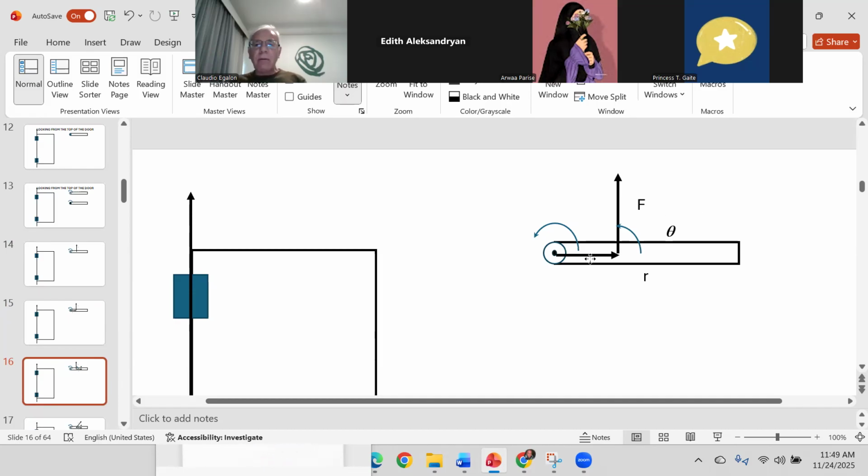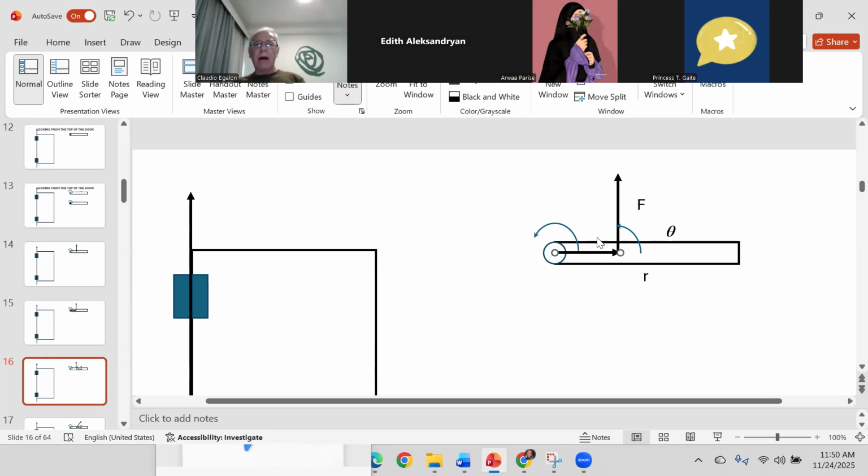If the force is being applied right in here at this spot, the vector position of the point of application of the force is that vector that goes from the axis of rotation to the tail of the force vector. And the angle is determined by putting both vectors tail to tail. Okay?